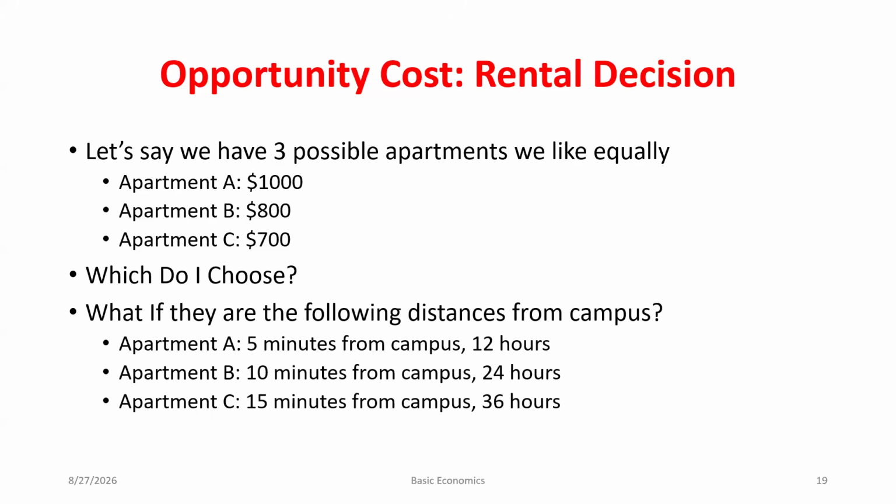Now, intuitively you know that. Like, if rent was the same, do you want to live 15 minutes from campus or 5? Or 5. Right? So here we're thinking about, well, if I know there's an opportunity cost, and I know that's going to be higher when I have to give up more of my time to walk to and from campus, I need to factor that in my decision-making process.